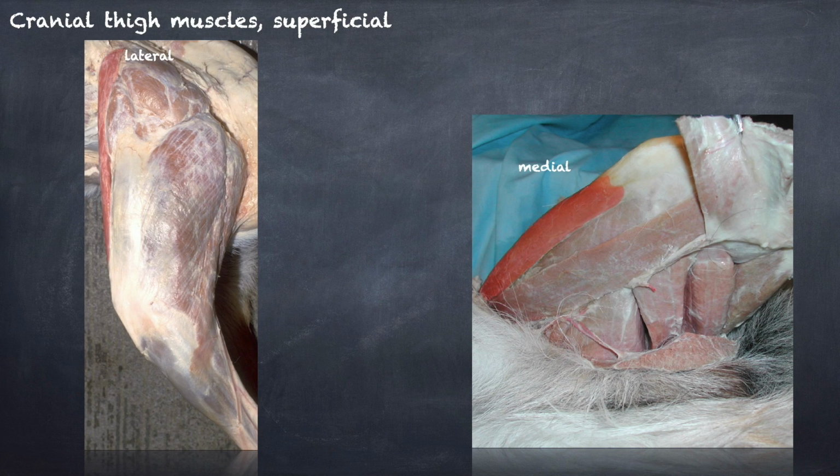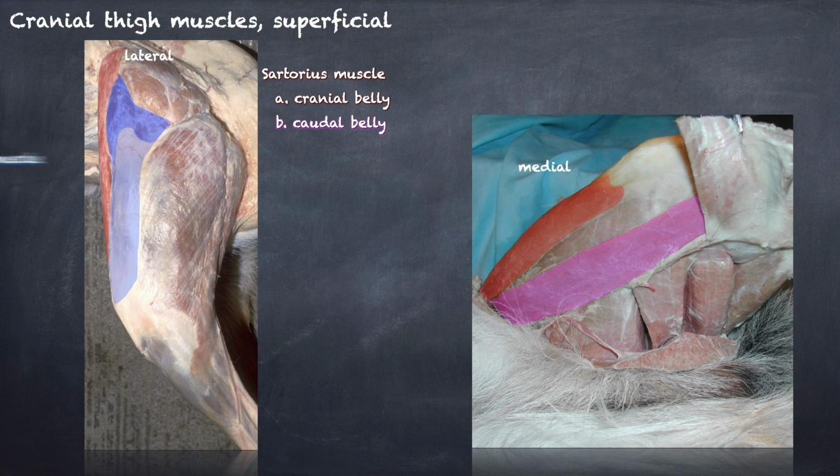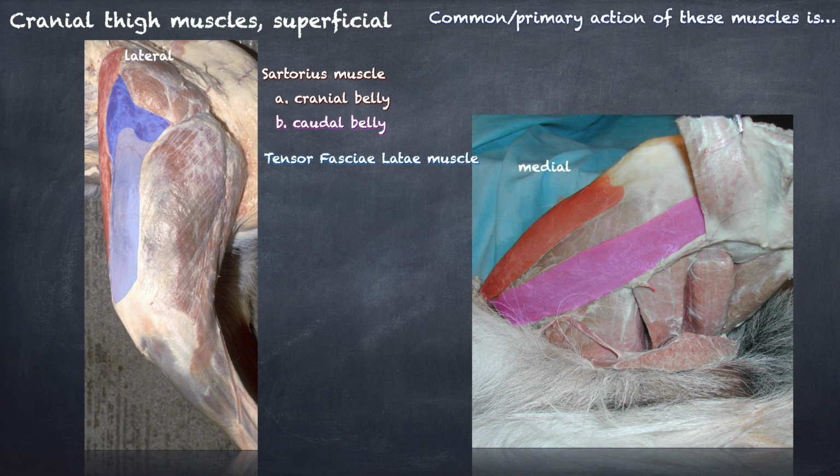Okay, let's look at these superficial cranial muscles of the thigh. So we have the cranial and caudal bellies of the sartorius muscle. And then this one in purple is tensor fasciae latae muscle. Okay? So these guys, their common primary action is going to be flexing the hip.